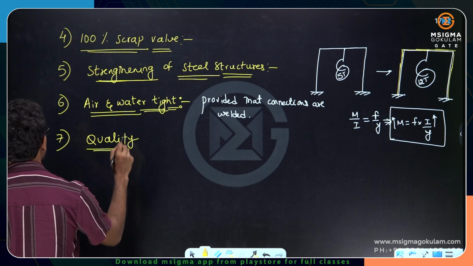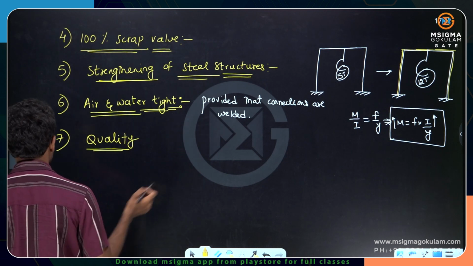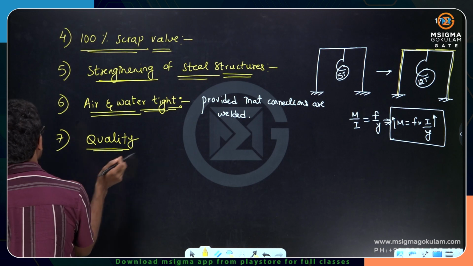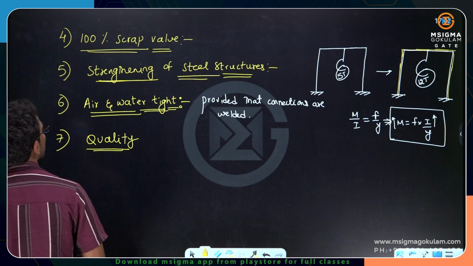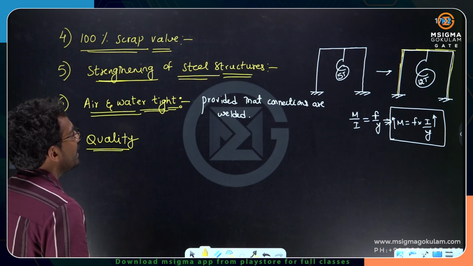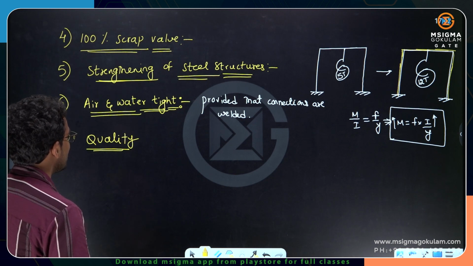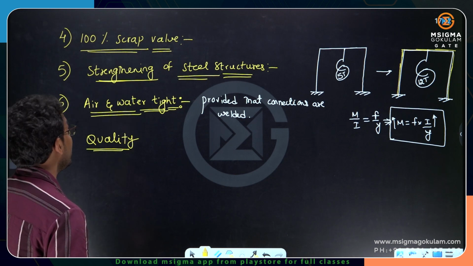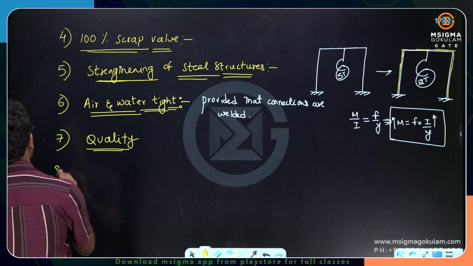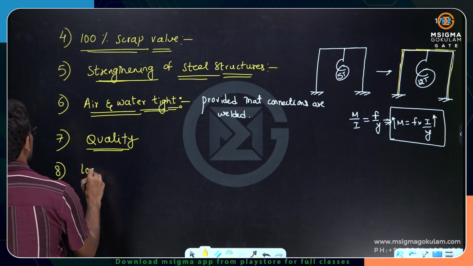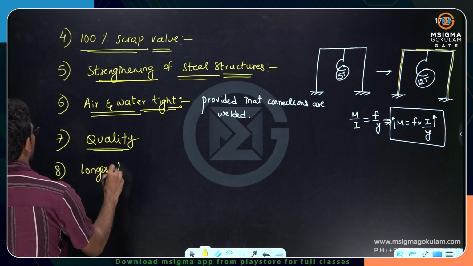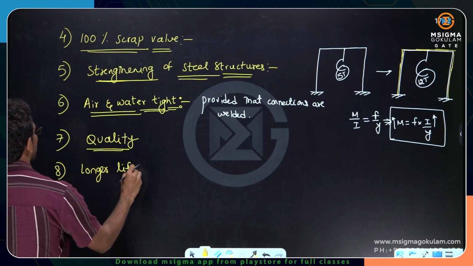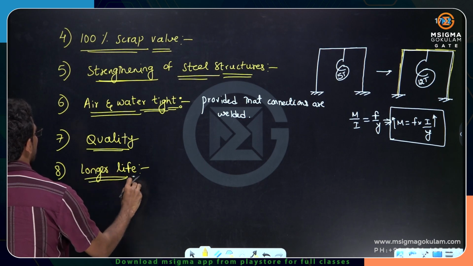That's not possible in the case of RCC, right? That is the problem. RCC is a composite material, and a very important thing is that steel has a longer life. That is the biggest advantage. Longer life when compared to RCC.